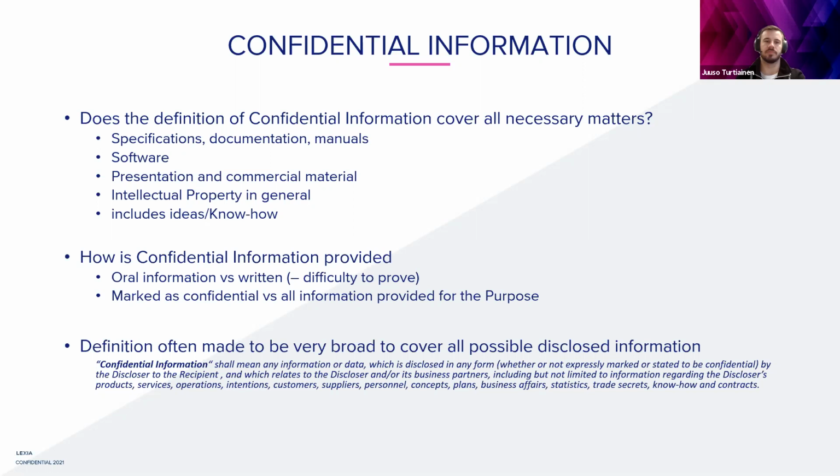You might want to discuss taking a joint venture forward. You might want to discuss creating new software with the other party, or whether it's just analyzing whether their software could be something that you could be utilizing for your business. And in that sense, it is quite a good idea to cover this in the definition of confidential information itself.